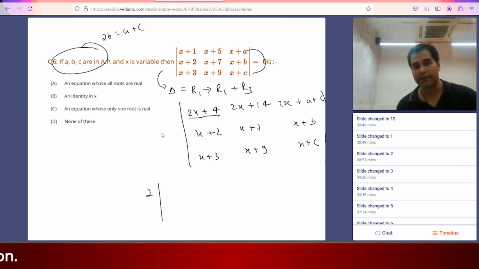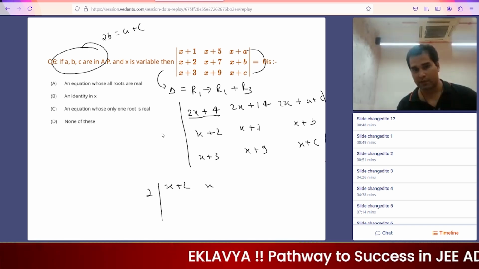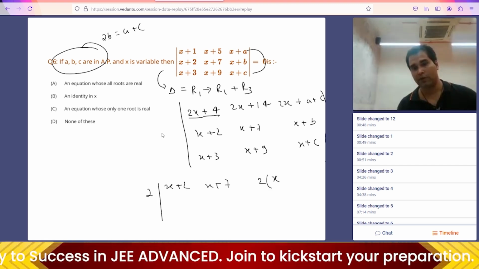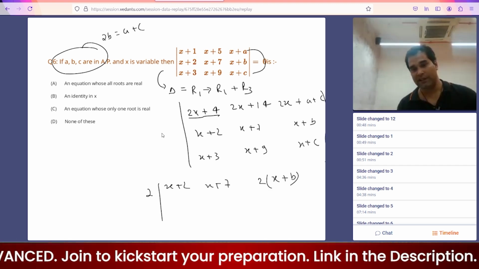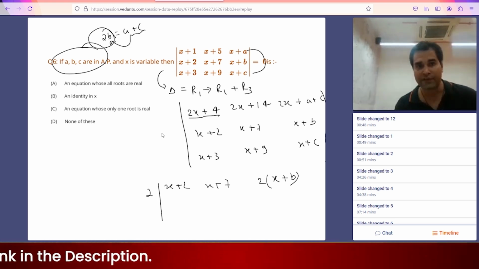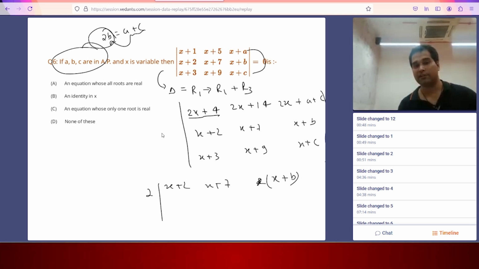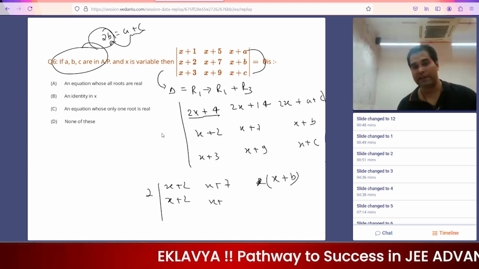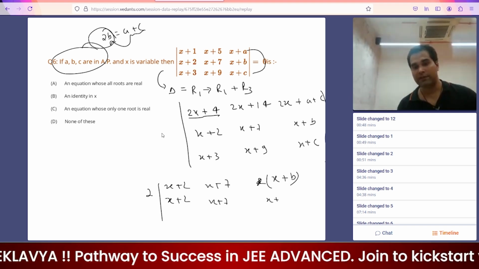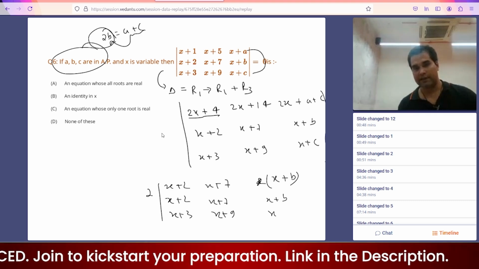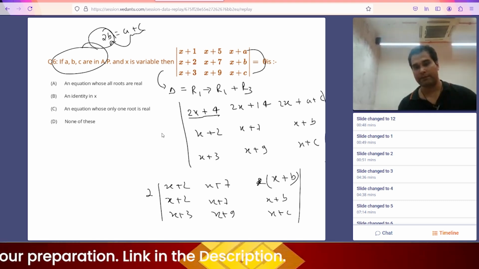Taking 2 as a common factor in R1, this means 2 as a common, x plus 2, x plus 7, and 2 times x plus a plus c. Since a, b, c are in AP, a plus c is also written as 2b. So 2 as a common, x plus b, and R2 is also x plus 2, x plus 7, x plus b, and here x plus 3, x plus 9, x plus c.